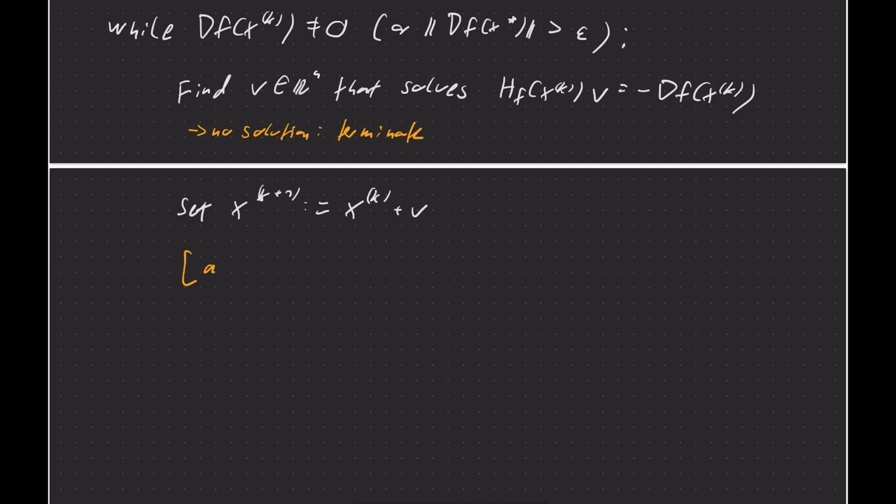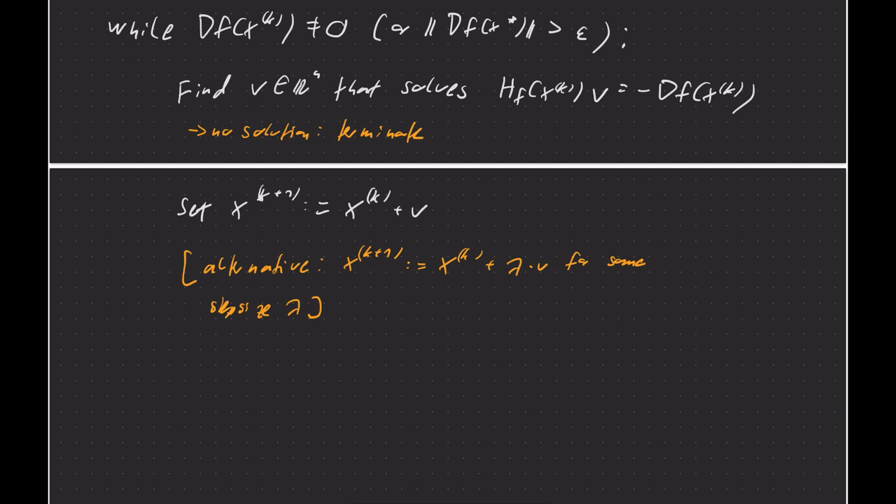So as an alternative, we could also say, let's determine xk plus 1 as xk plus some step size lambda times v for some step size lambda. And again, the selection of that step size is an art in itself.